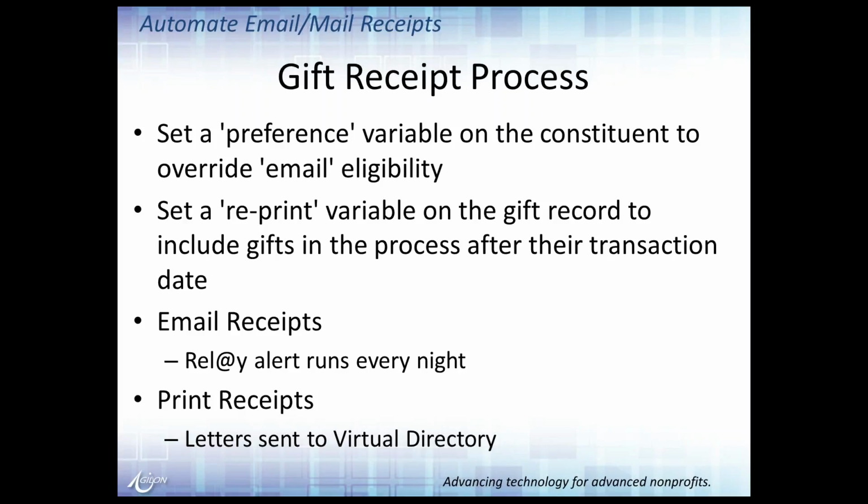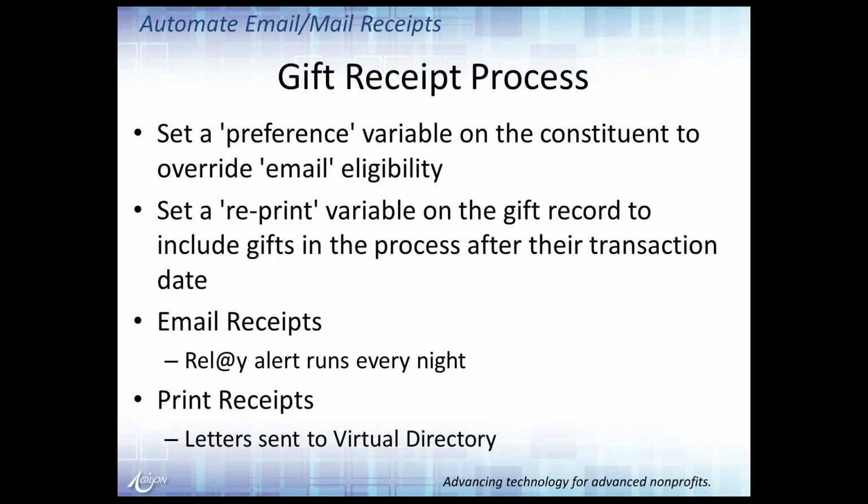Likewise, we will also be looking at those people who do not want an email receipt or those people who don't have a valid email address, and those people will receive a printed letter using a Crystal report, and we'll send that to the virtual directory so that it can be picked up by your people who are going to be processing the letters. There will be a PDF sitting there waiting for them in the morning. They just print off the PDF, stuff the envelopes, and send the receipts out.